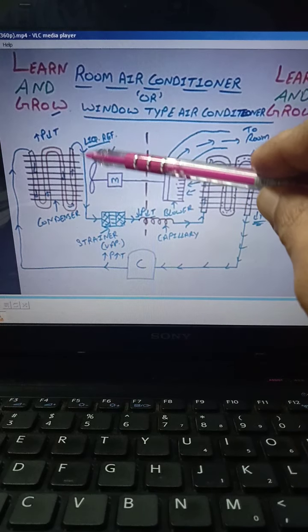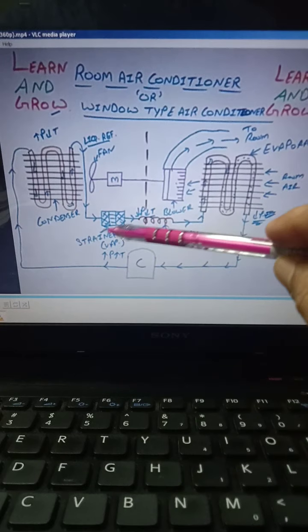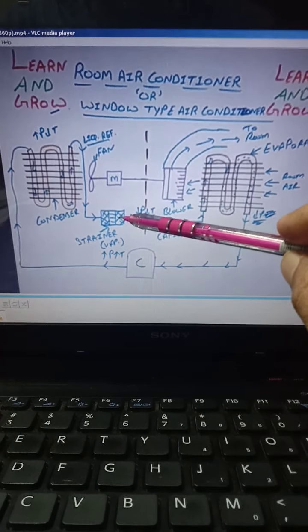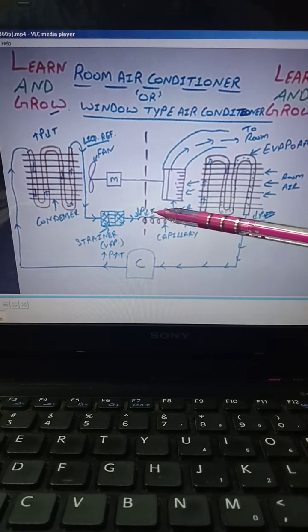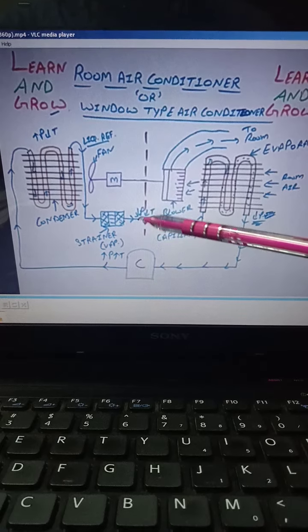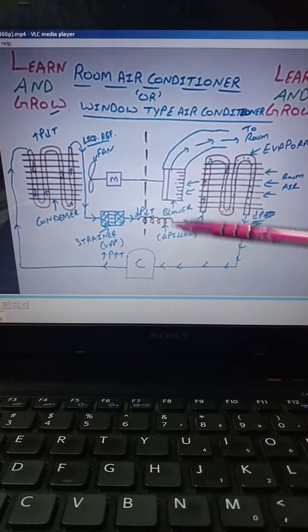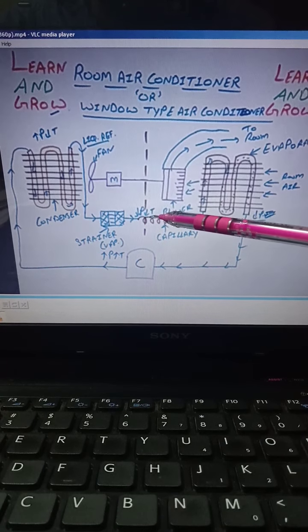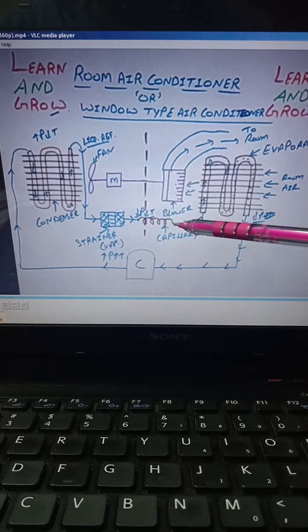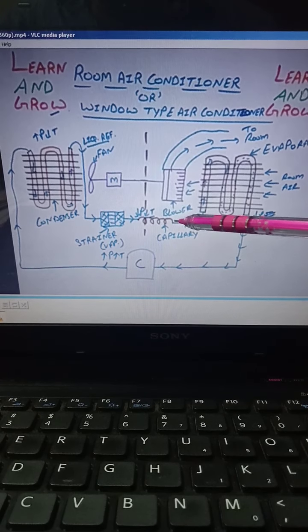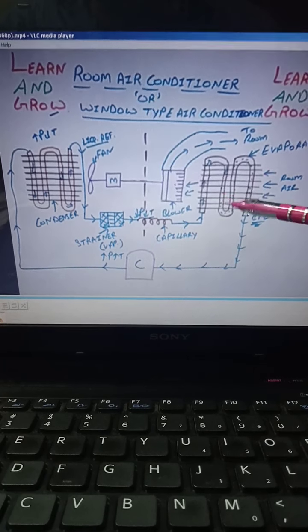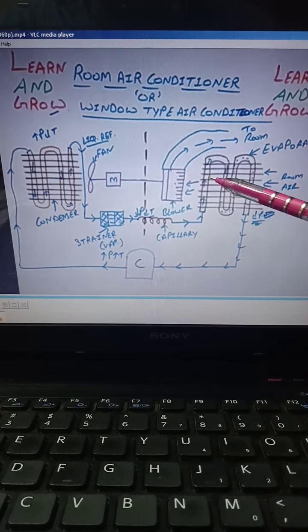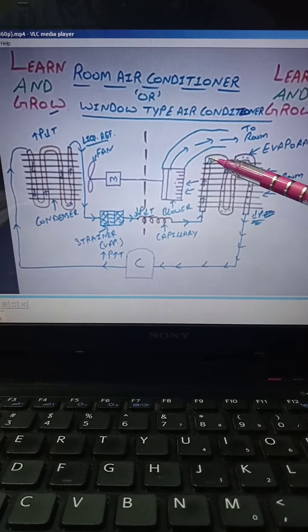The refrigerant which is flowing from this area goes towards the strainer, where the pressure of that refrigerant drops, and at the same time the temperature of the refrigerant also drops. So it flows towards the capillary, where a further drop of the pressure as well as the temperature happens, and the output of this capillary is sent towards the evaporator, where you will have a liquid of low pressure and low temperature.